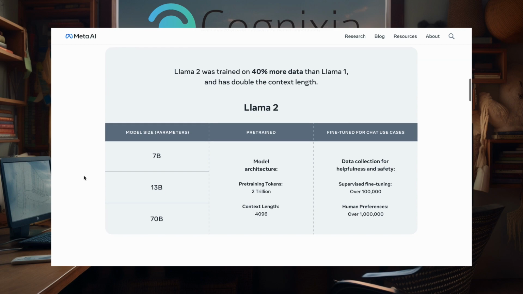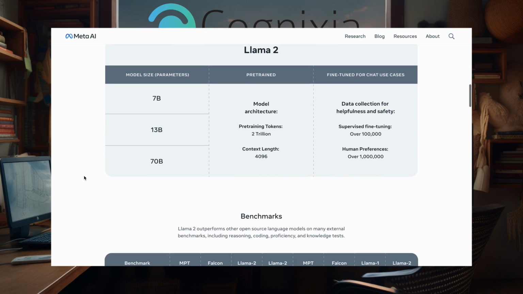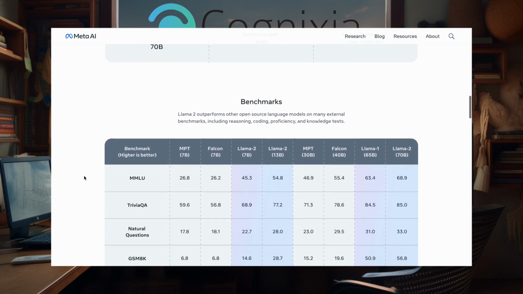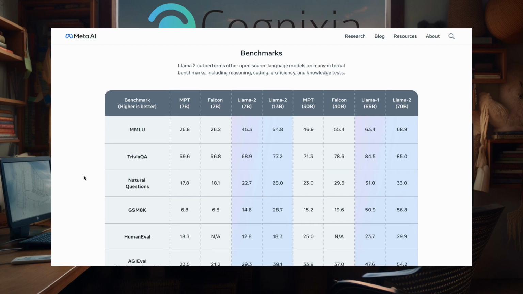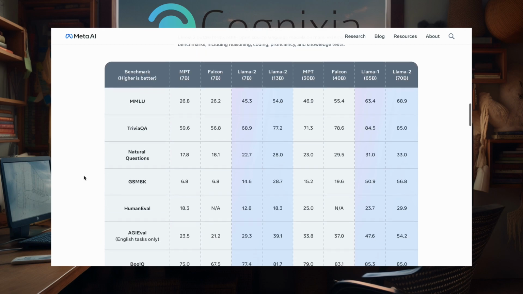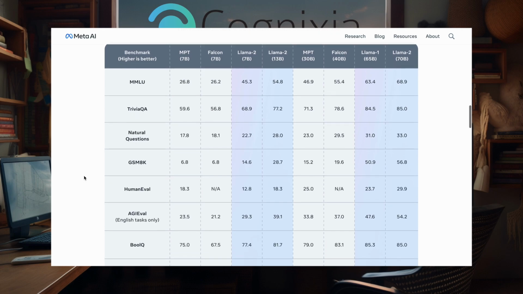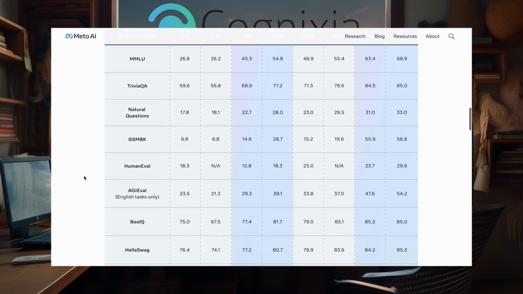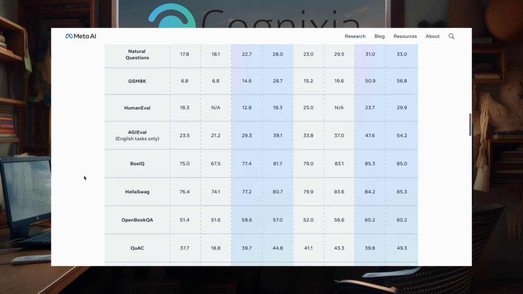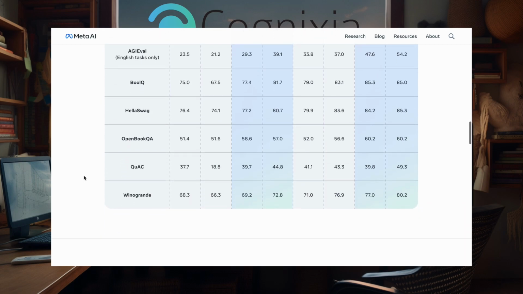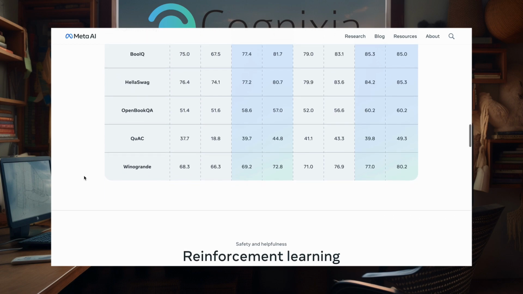Some other improvements, and we don't have to get too much into this. I know this is a pretty short podcast, but if anybody wants to do any more research on their own, of course, the context length for Llama 2, meaning the amount that the model can process from your input, is double that of Llama 1. So that's going to allow it to generate more complex and nuanced responses as well. There are new activation functions within the model, new positional embeddings, and layer normalization.